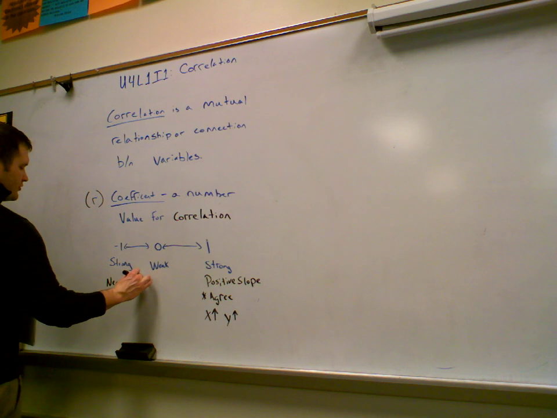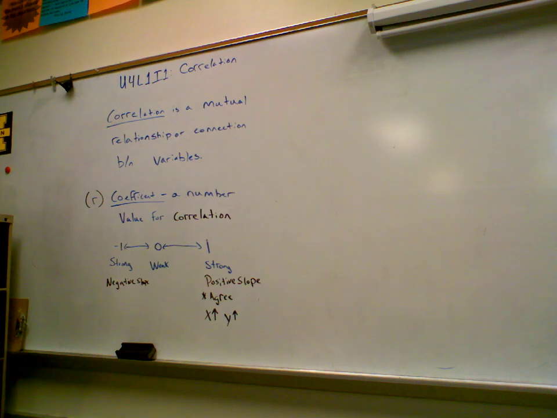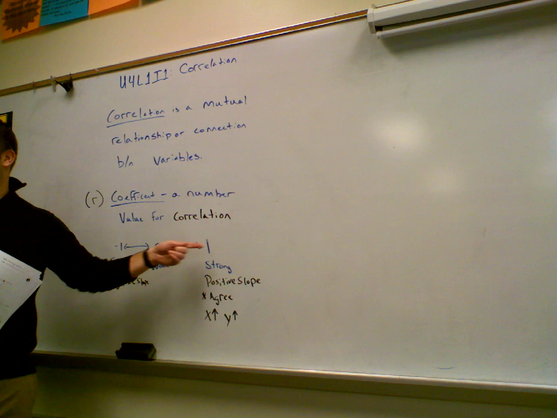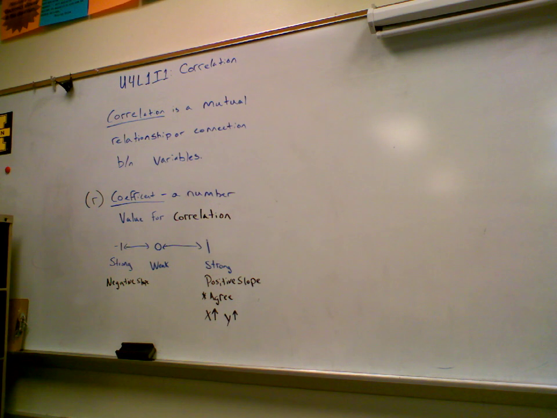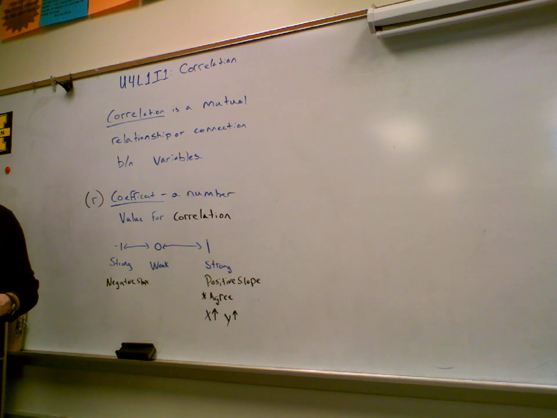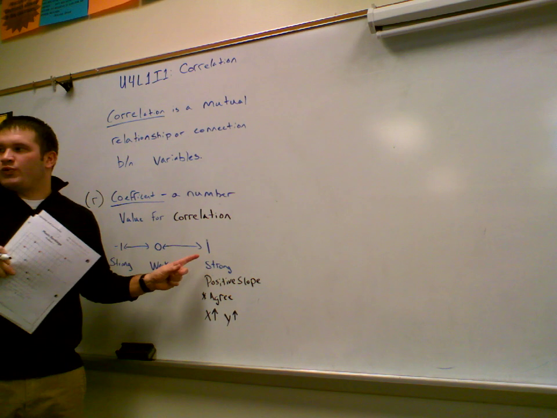A straight line, that'd be the perfect positive slope. That'd actually be an R value of 1. We didn't have anybody on a straight line. But if you agreed on every single one, so if your 1 was her 1, and your 2 was her 2, and her 3 was your 3, then you would have an exact straight line. Go through 1, 1, 2, 2, 3, 3, 4, 4, 5, 5, and so on. That'd actually be an R value that is 1.